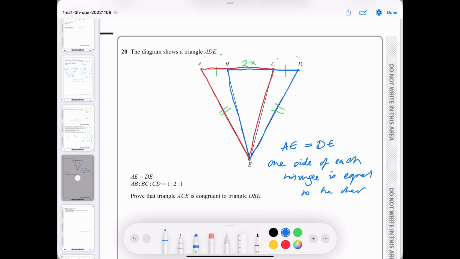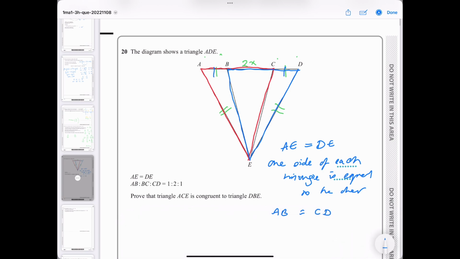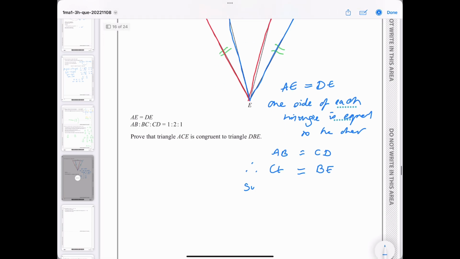We also know, by virtue of the fact that AB equals CD, that CE equals BE. So we know another side of the triangle is equal.